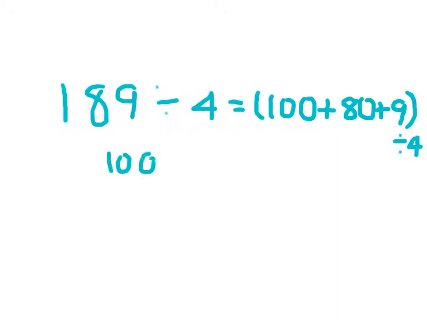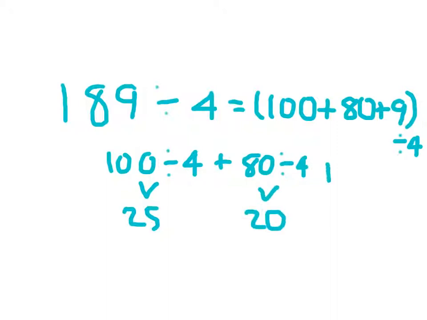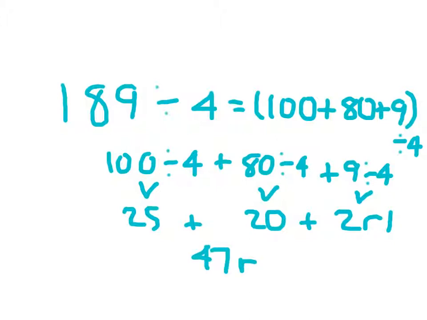So 100 divided by 4 is 25, plus 80 divided by 4 is 20, plus 9 divided by 4, which is 2 with the remainder of 1. Add those all back together. 25 and 20 is 45, plus 2 is 47. That's 47 with the remainder of 1.